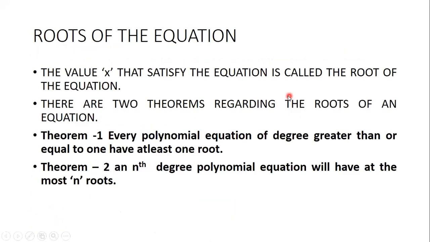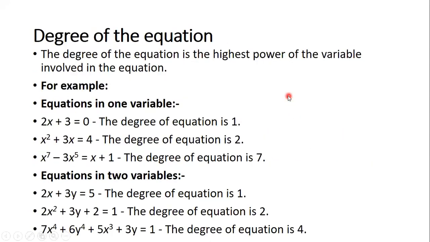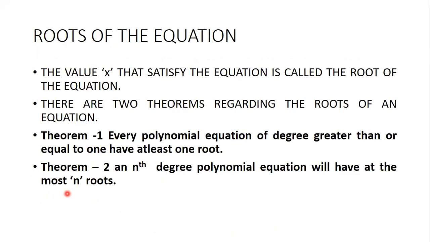Then roots of equation. In the same equation, if we find the value of x, or in this equation if we find the values of x and y, that will become the root of the equation. So when we exactly know the value of x which will satisfy the equation, it is called the root of the equation.